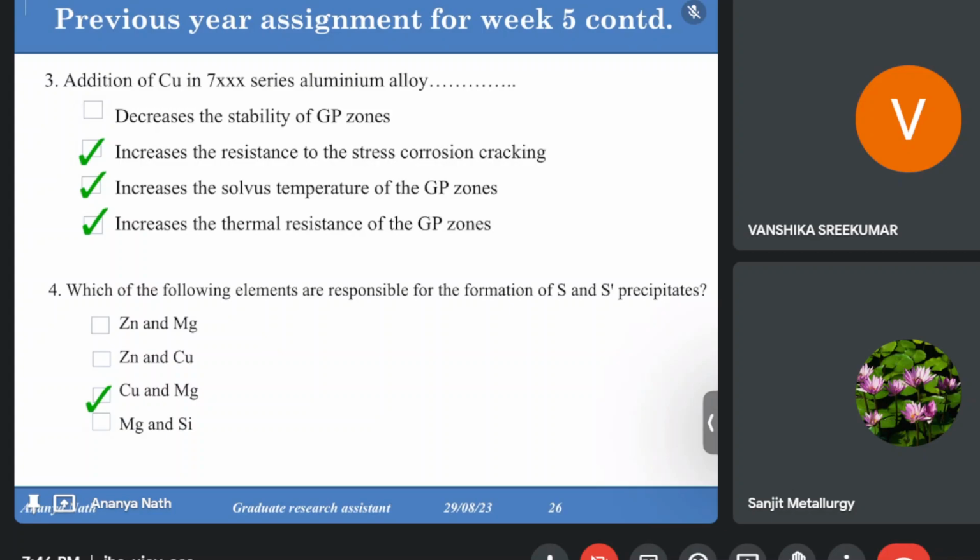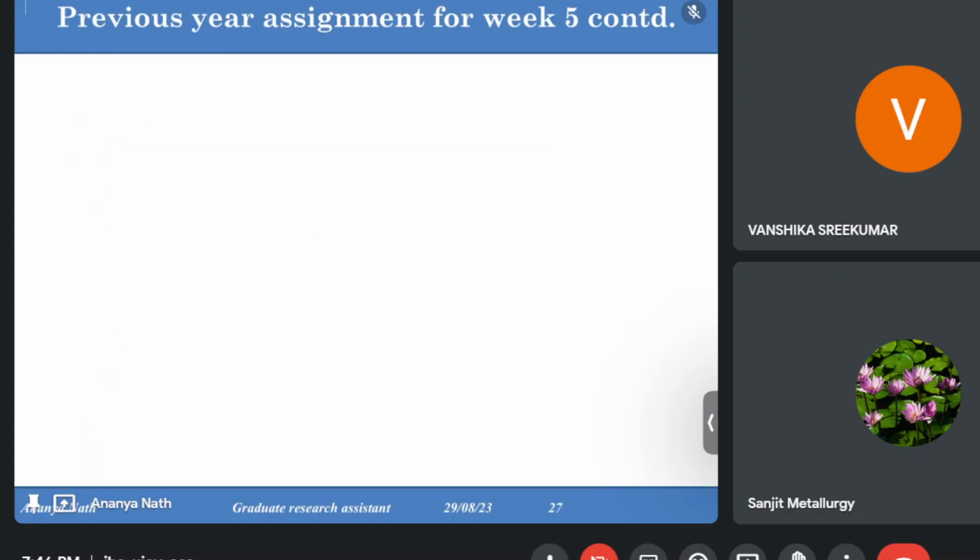Beyond that, GP zone formation will happen. So there is a resistance to GP zone formation. It will get more time to start the formation of GP zones. So yeah, it's also correct.